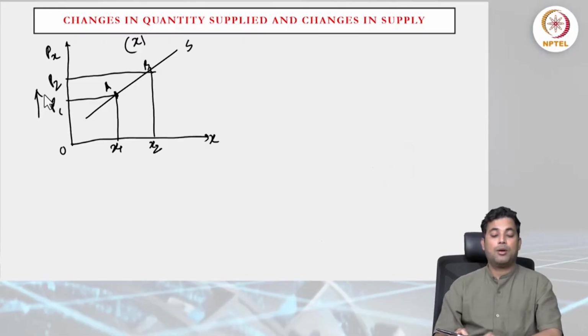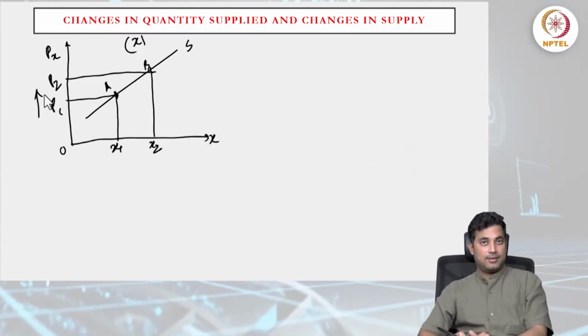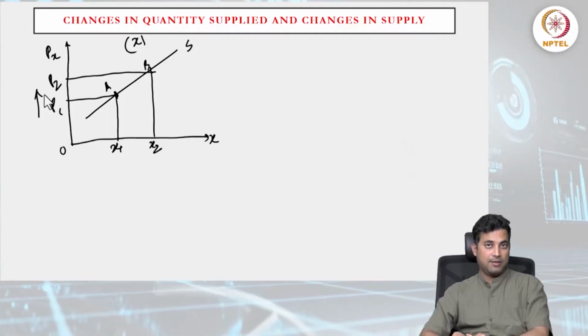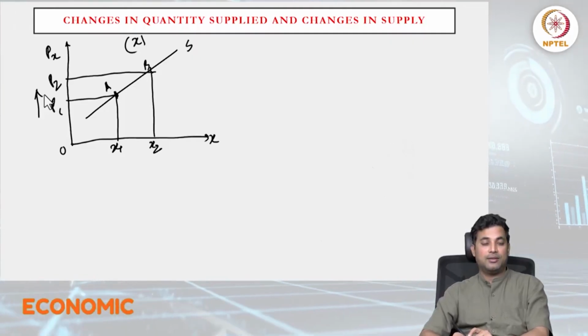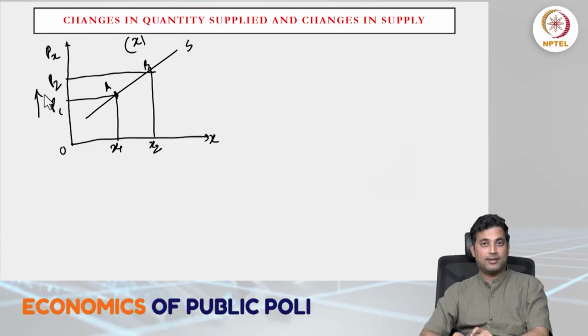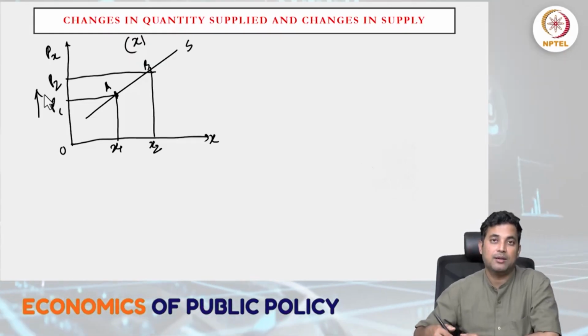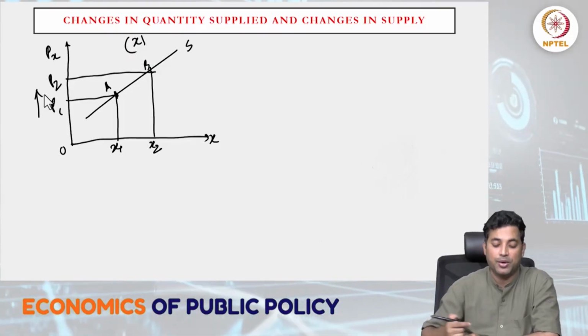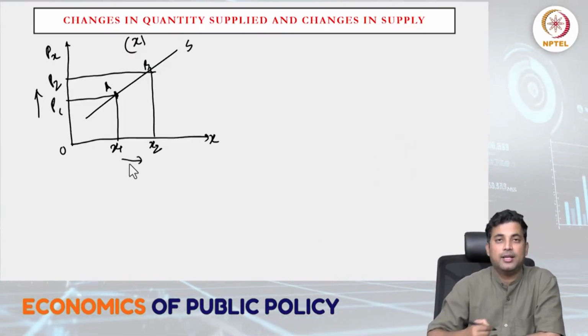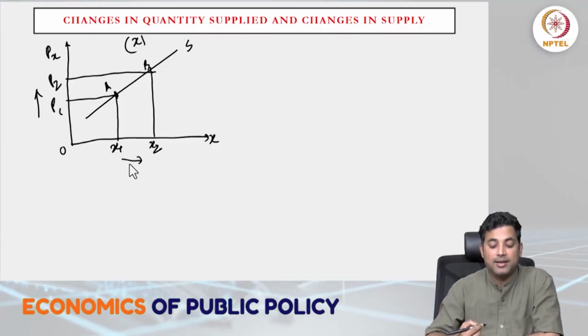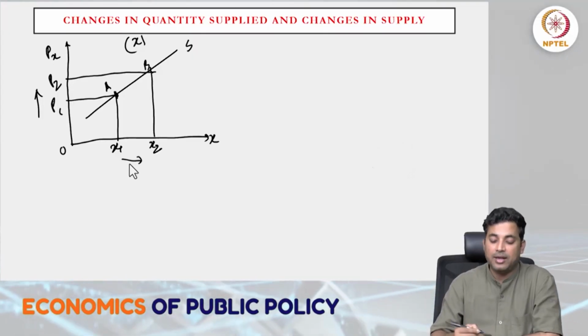So if X becomes expensive, or the price that we get for X is increasing, then producers will tend to produce more. So price and quantity supplied are directly related.